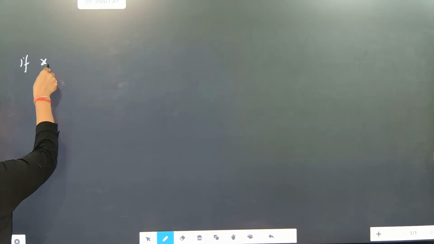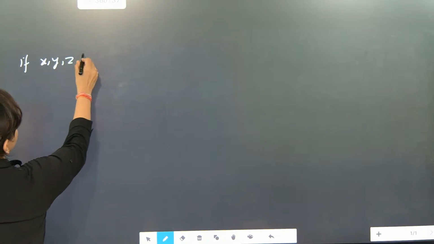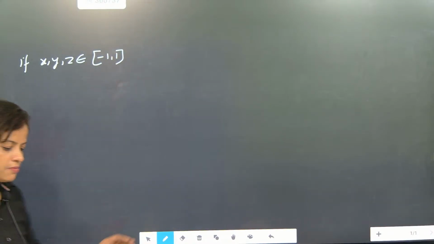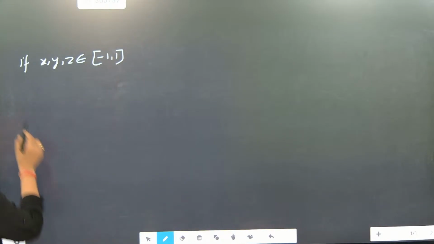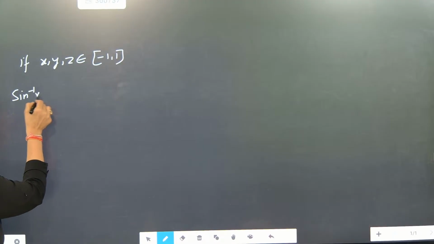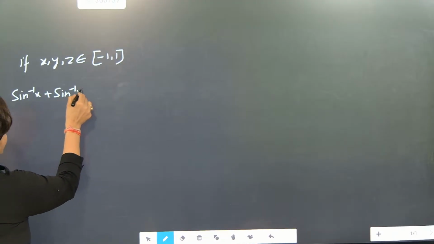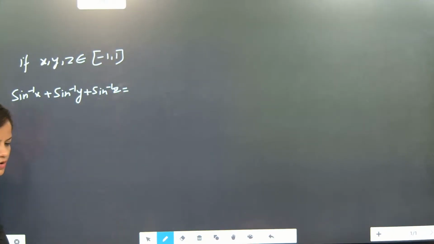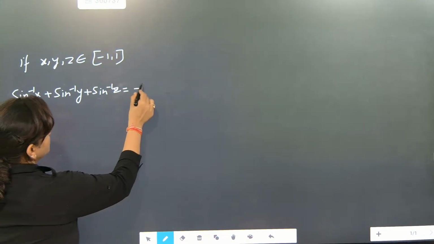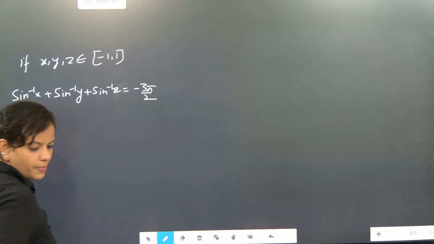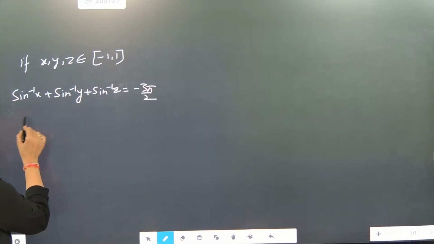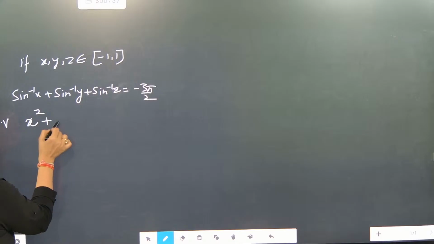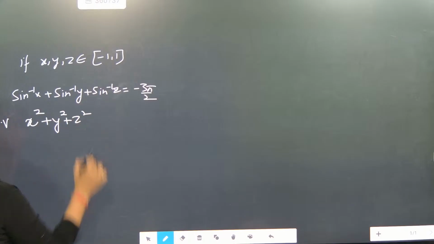Your question is: if x, y, z belong between -1 to 1, listen very carefully, -1 to 1, such that sine inverse x plus sine inverse y plus sine inverse z is equal to -3 pi by 2, then find the value of x square plus y square plus z square.